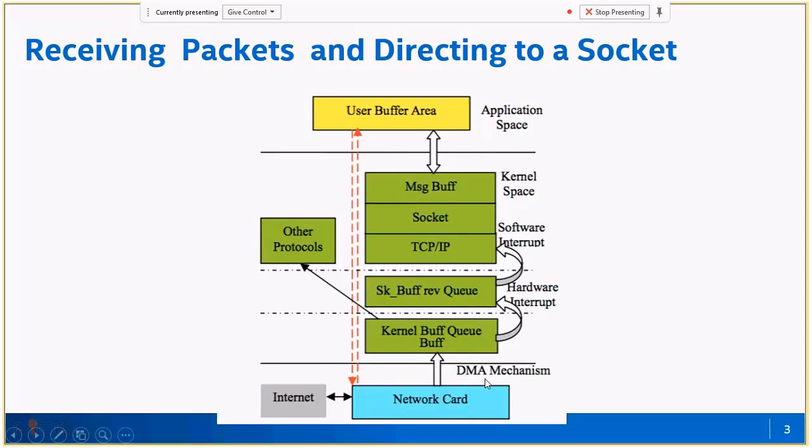The RAM gets a packet, and a hardware interrupt is also raised by the NIC card, giving the address of the memory where the buffer is being copied, and then this buffer is put in the socket buffer receive queue. Again the same RAM, but it will be accessed by a software interrupt.